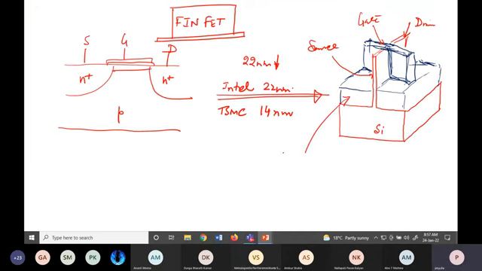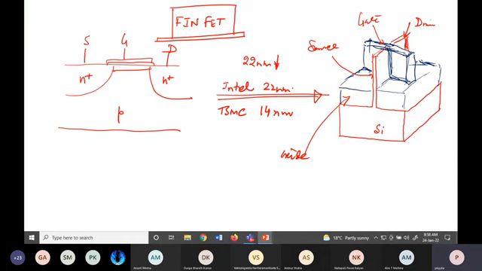So this is the FinFET device. You see this particular portion, which is like a protrusion kind of structure, is a fin-like structure, so that is why it is called FinFET. There is a source, there is a drain, and this is the gate which is wrapping the fin. You see, the gate is wrapping the fin.